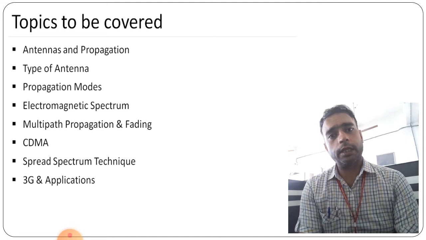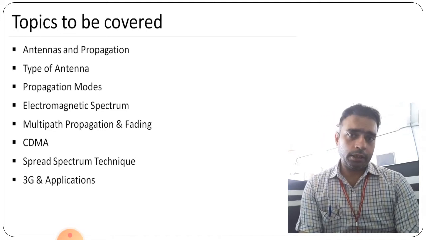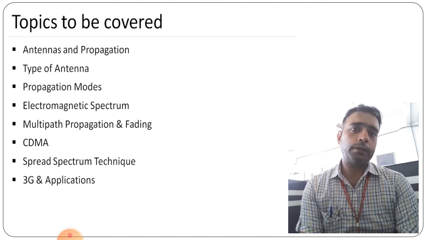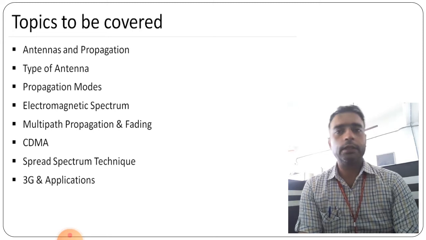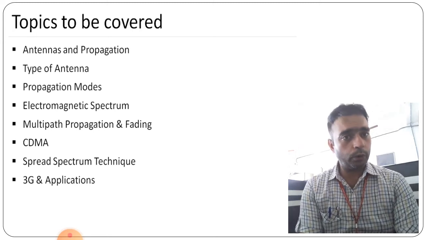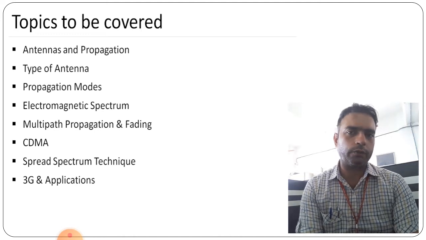Next is multipath propagation and fading. Then CDMA, the spread spectrum technique, and 3G and applications. These are the things we are going to cover in this unit, not in today's lecture, which I am going to clear first of all.